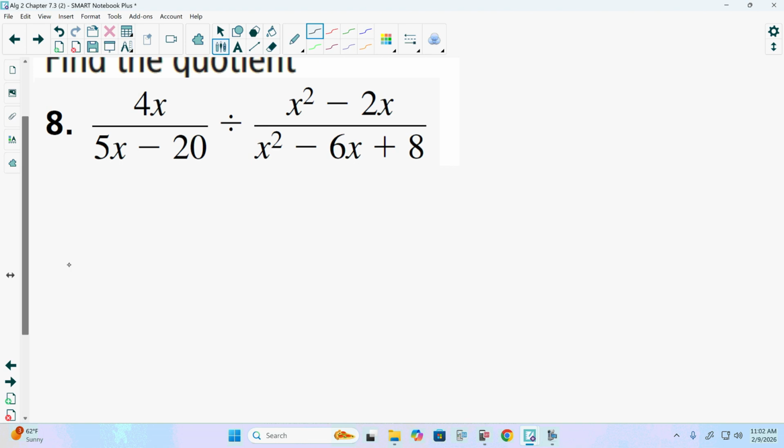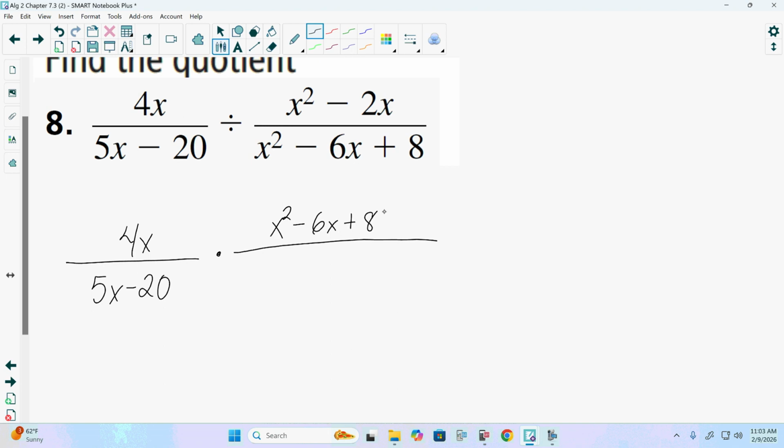Let's look at the next one. 4x over 5x minus 20 divided by x squared minus 2x over x squared minus 6x plus 8. Again, the first thing I would do, especially with division, is to keep, change, flip. Keep the first one the same. Change it from division to multiplication, and flip the second expression. So we're going to put the x squared minus 6x plus 8 on top, and our x squared minus 2x on bottom.